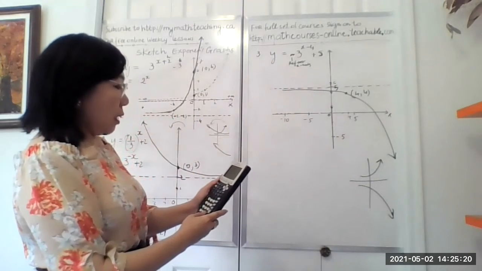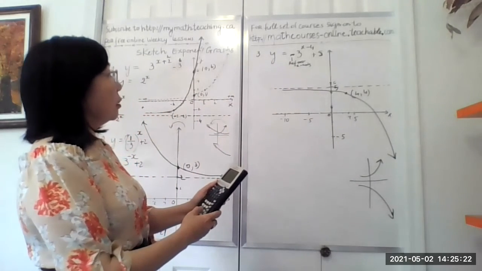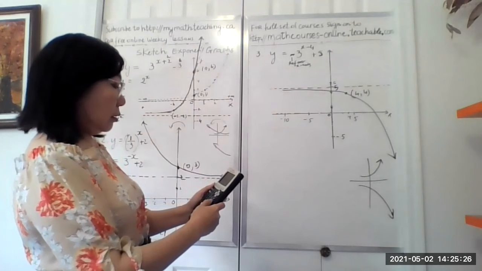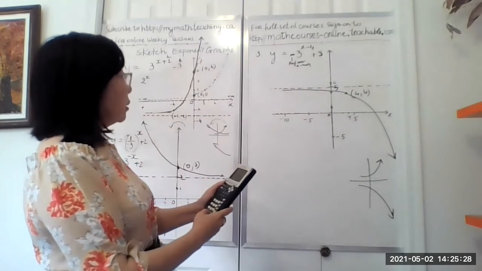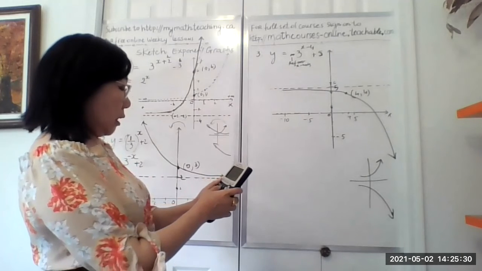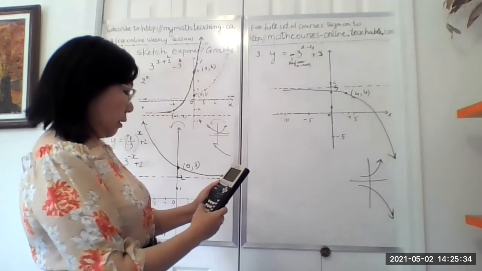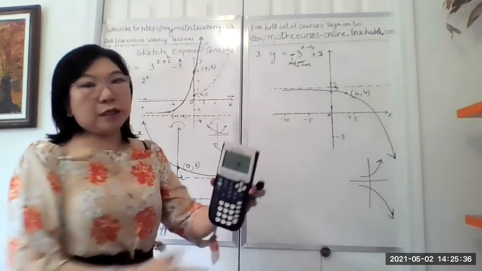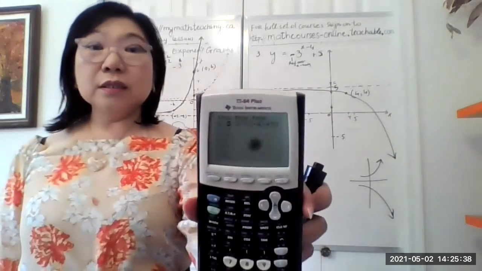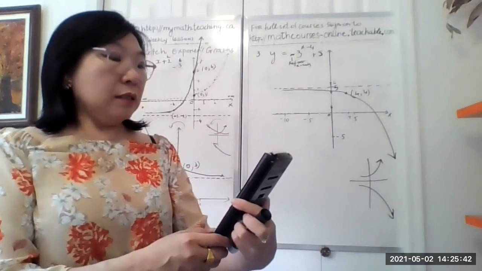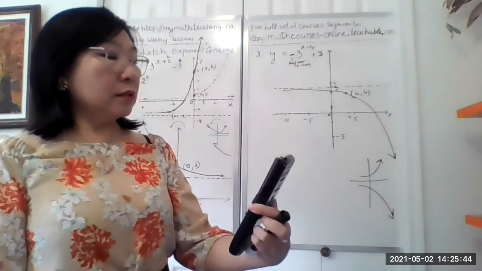So I'm going to say y equals -3, then power, bracket, x -4, close bracket, and +5. So I key in the equation like this. I hope you can see it, right? And I'm going to enter.